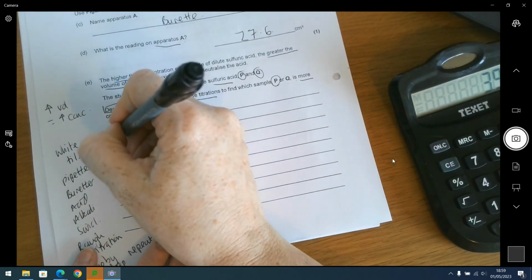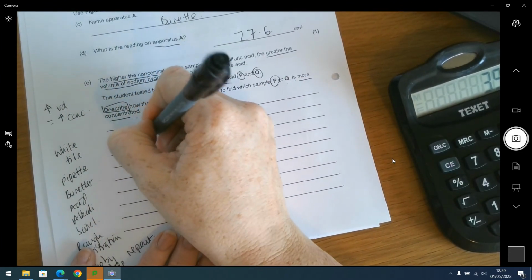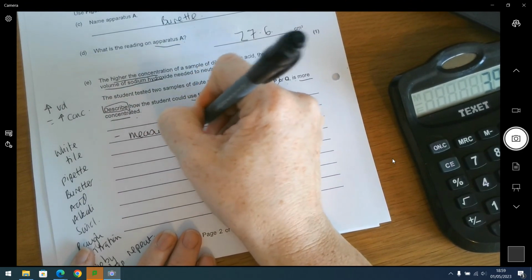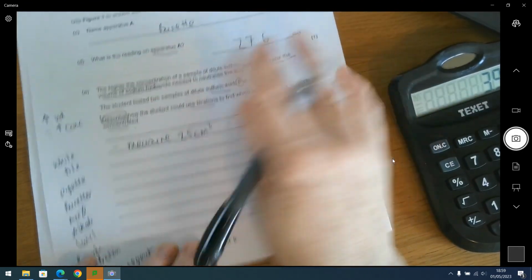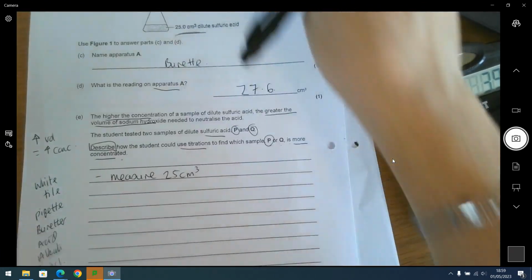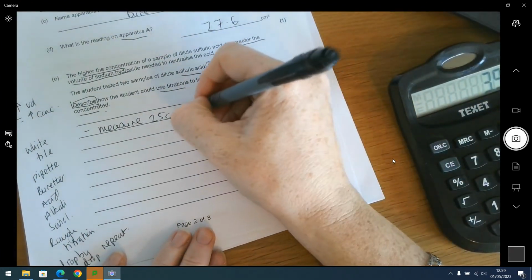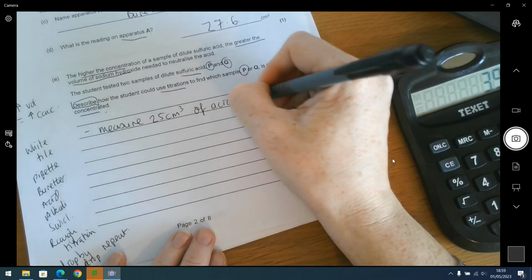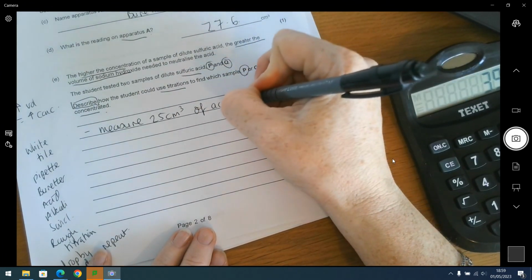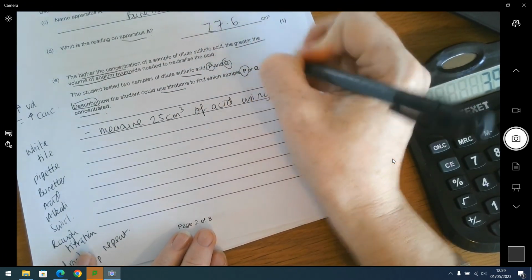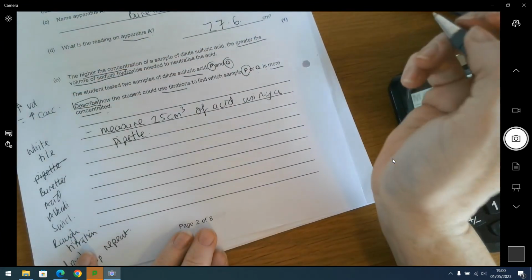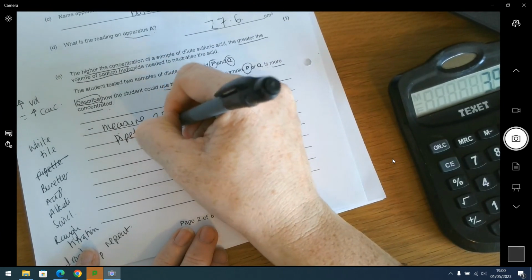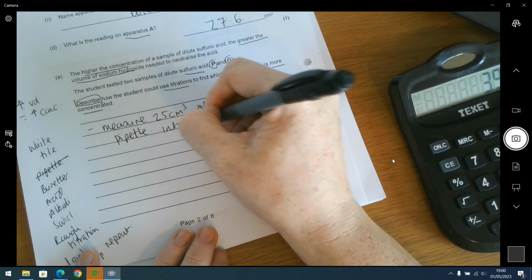So let's get started. First thing I'm going to do is measure 25 centimeters cubed of acid, because that's what it says in the picture, using a pipette. So it's like word bingo, tick, I've done pipette, into our conical flask.